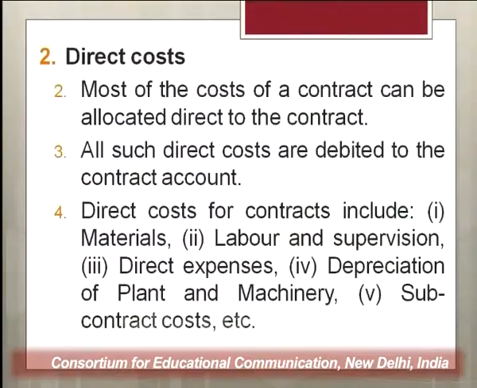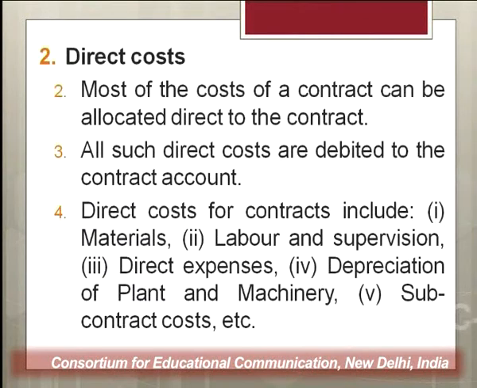While calculating the profit or accounting for the contract account, there are costs which are called direct costs. Direct costs are those costs which can be directly charged to the work which we have undertaken. Most of the cost under contract costing is of the nature of direct cost.